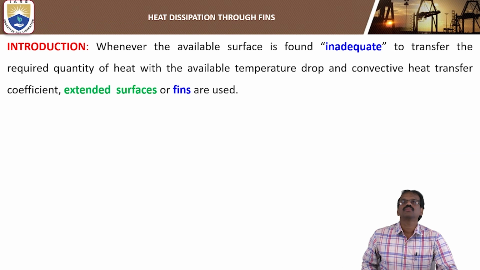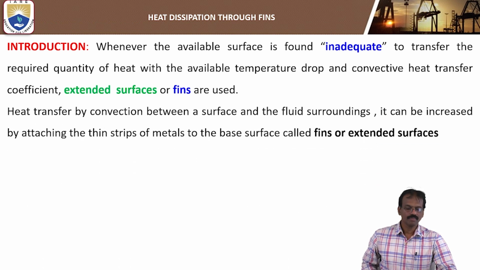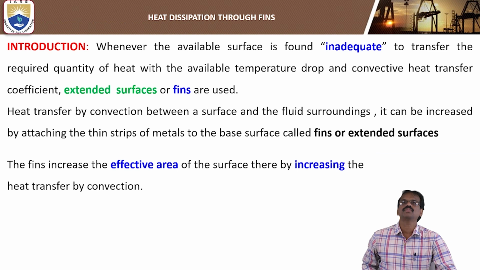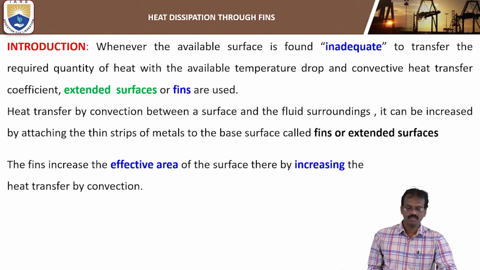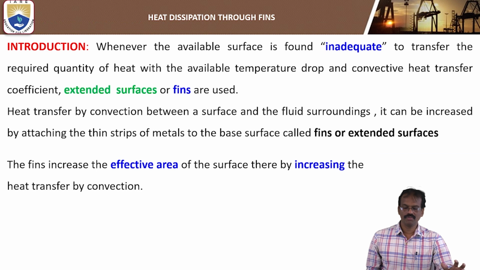We know the importance of fins. Last class also we discussed the importance of the fin. It is an extended surface which is added to an inadequate surface to enhance the heat transfer rate from the base surface to atmospheric conditions. The main purpose is the application of these fins in cooling.